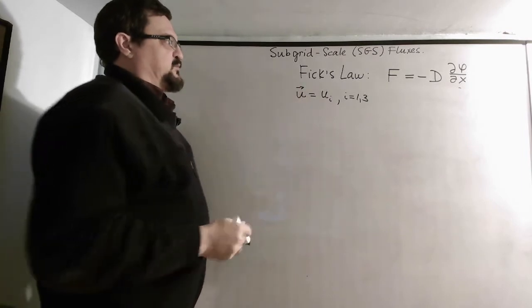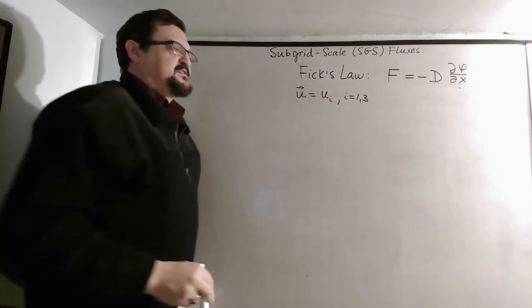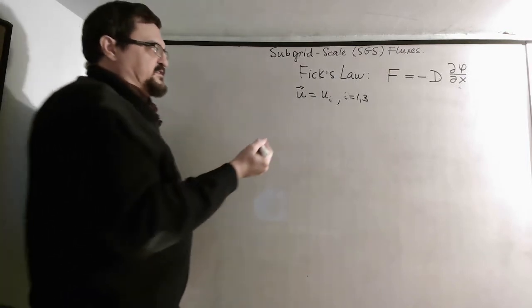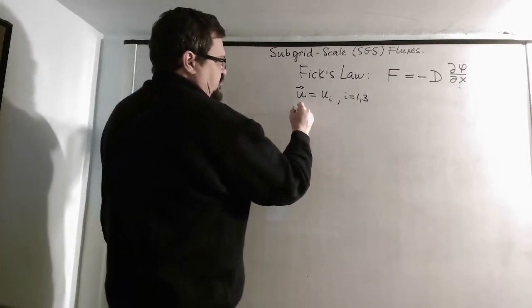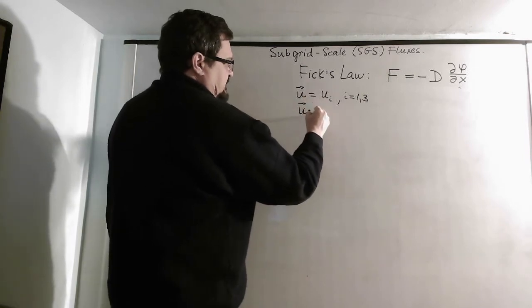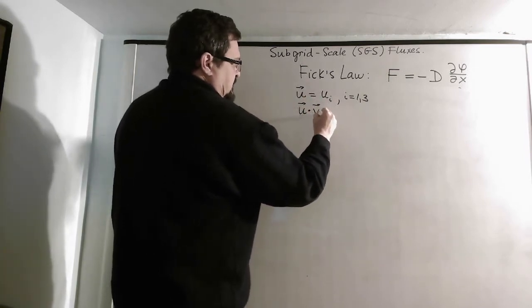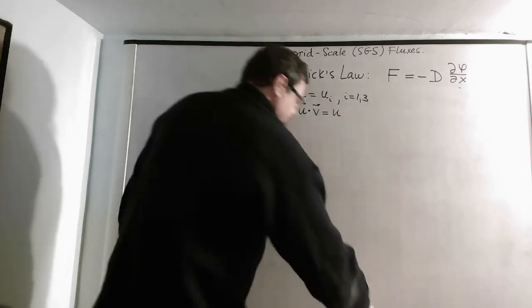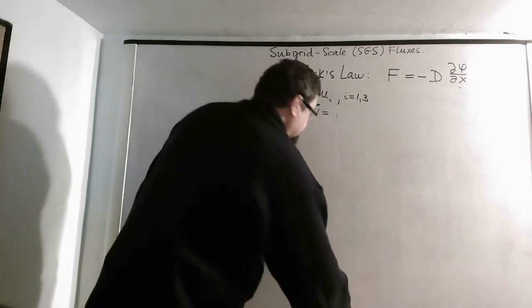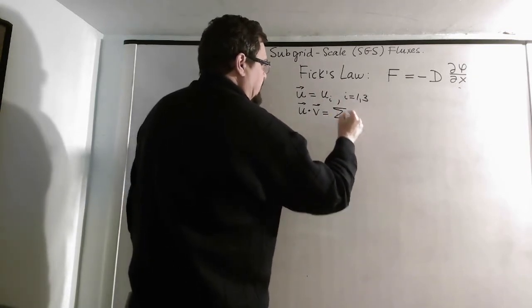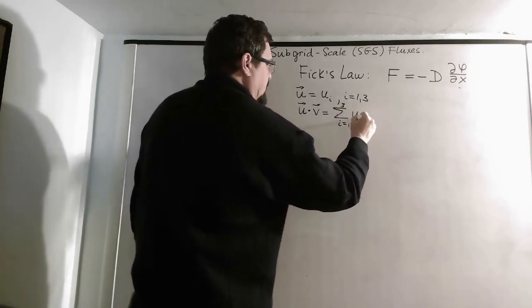Any vector we will write using this index. Now the scalar product of two vectors, say u and v, from the definition, is the sum over i from 1 to 3 of ui vi.